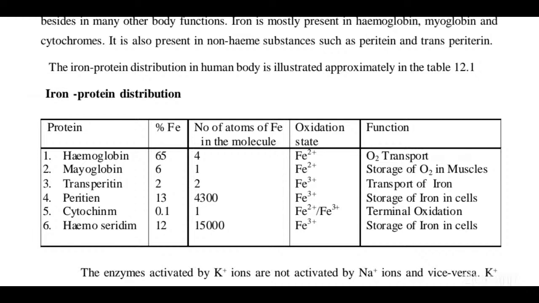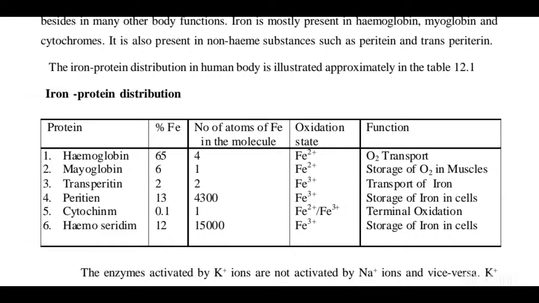Transferrin has a smaller percentage, 2%, with 2 iron atoms present in the ferric Fe plus 3 state, and the function is transport of iron.